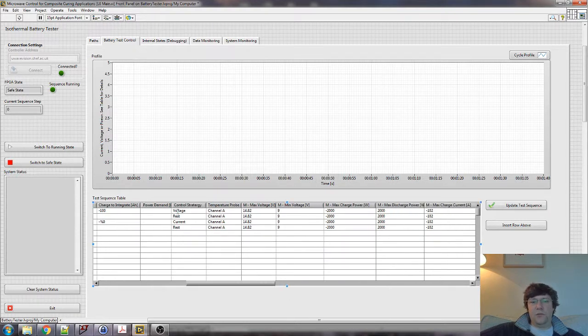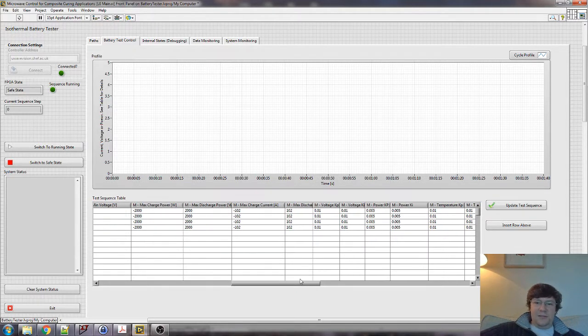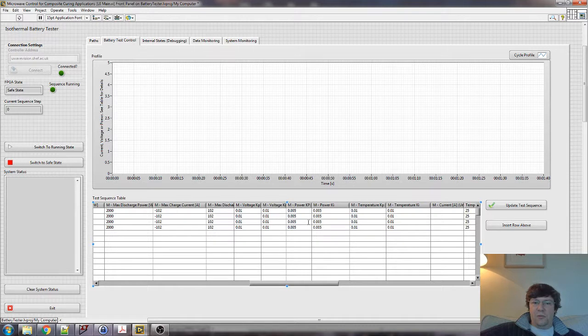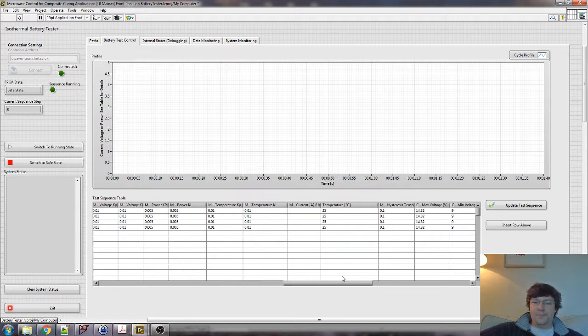So if you want to control on voltage, it's a constant voltage. You can be charging or discharging, most commonly it's charging. Current, we just set the current we want to elicit, that sort of thing. And we can set some limits, and we can set up some control parameters that give us the PI values for the voltage and power control loops.